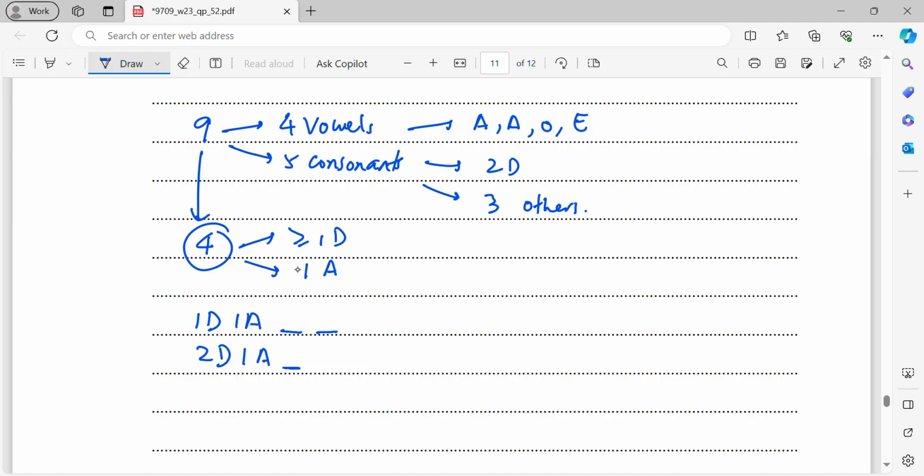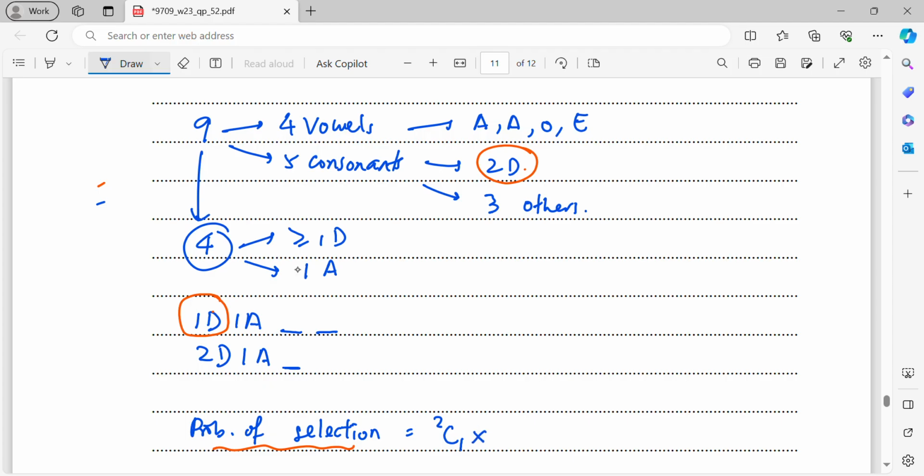Since you are counting probability of selection, be careful with this. To get the D, you need to choose one from the 2 D's, so that is 2C1.